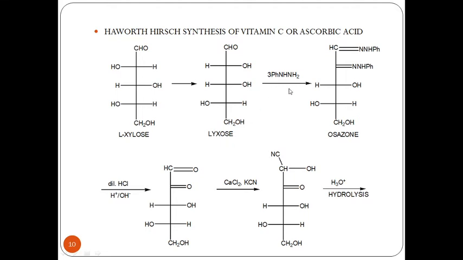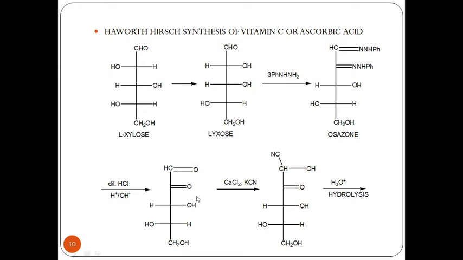This osazone component, in the presence of dilute HCl under hydrolytic conditions, loses the hydrazine component, so that there is formation of an aldehydic carbonyl carbon and a ketonic carbonyl carbon, respectively at carbon atom number 1 and carbon atom number 2.